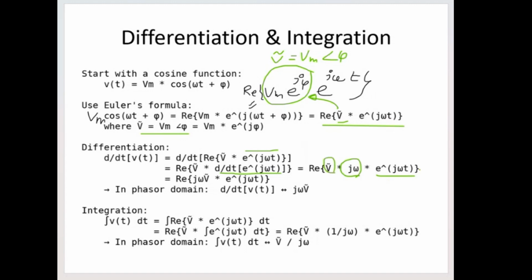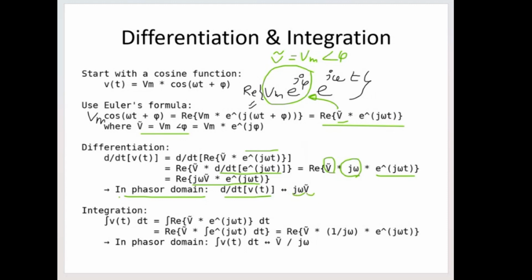Now, reorganizing this, we arrive at j omega times phasor times e to the power of j omega t, and we can say that in the phasor domain, which is the frequency domain, the derivative of the time domain function reduces to j omega times the phasor.